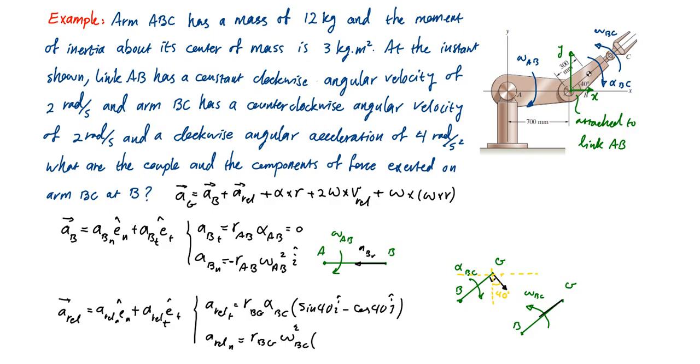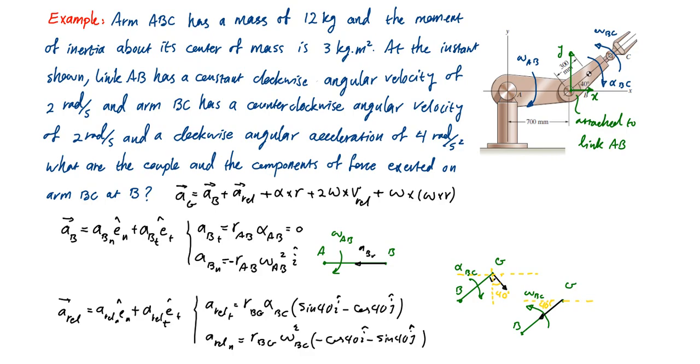Normal in this direction. Here goes the vector. If I draw the horizontal line there, this angle is 40 degrees, that we know. So this becomes minus cosine 40 i, and sine 40 also negative, in the negative j direction.